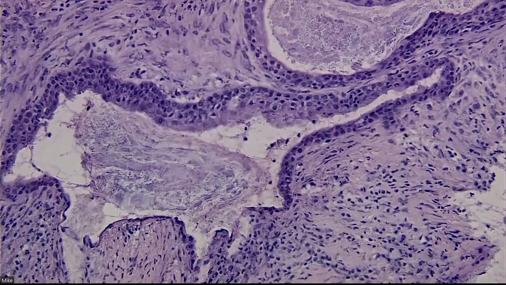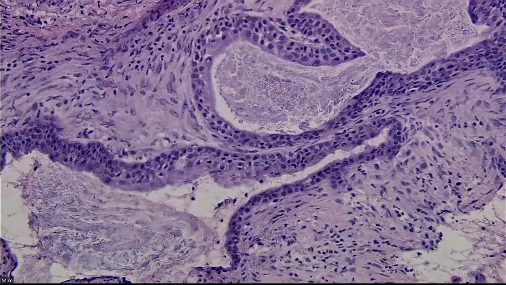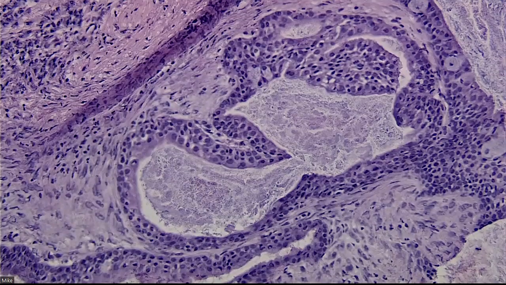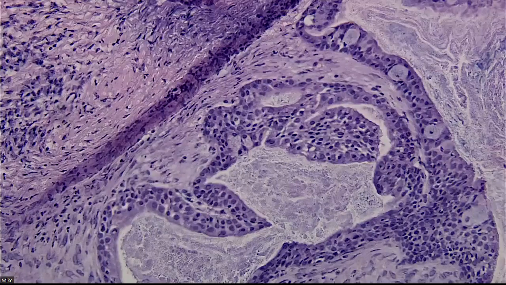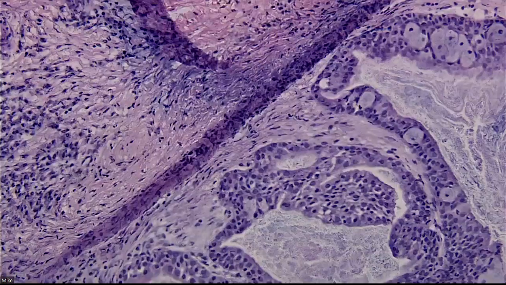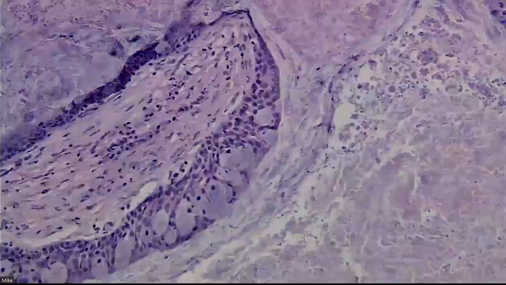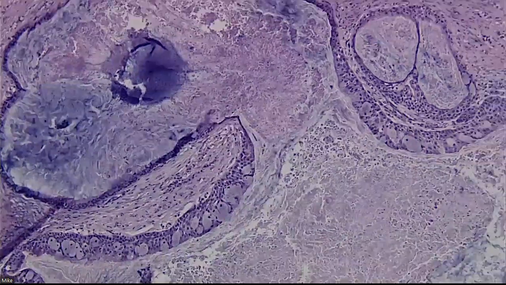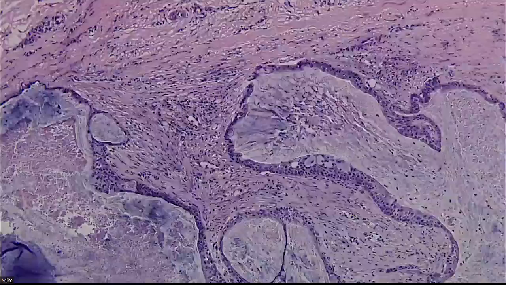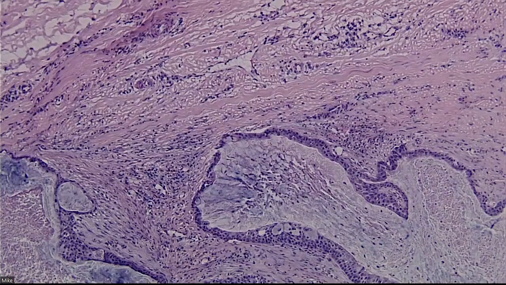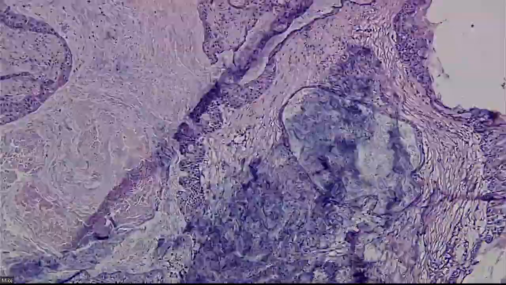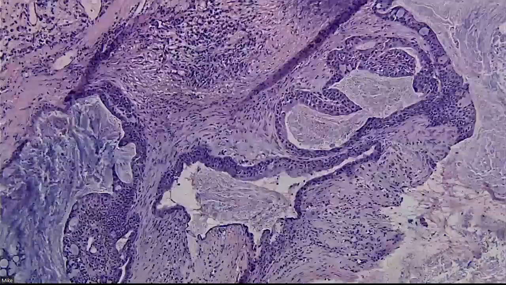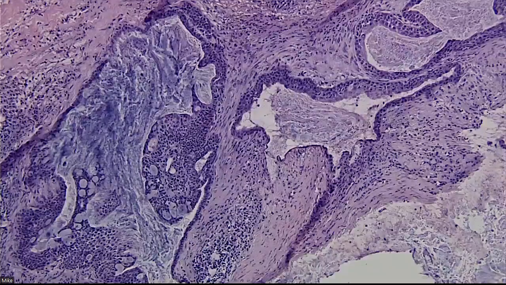Do they have abundant eosinophilic cytoplasm, are they columnar and tall, and do they have prominent nucleoli? They're more squamoid, much more squamoid. And do you have as much lymphoid-rich stroma in the background? Not as much. You have some. I agree that you have some.